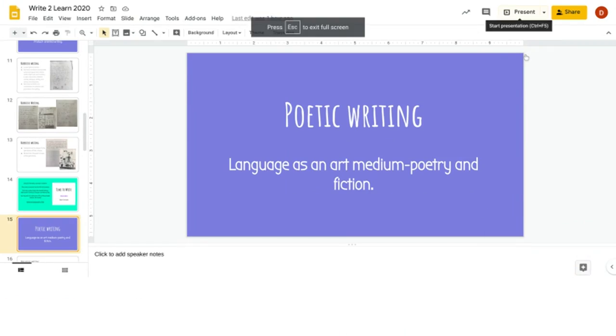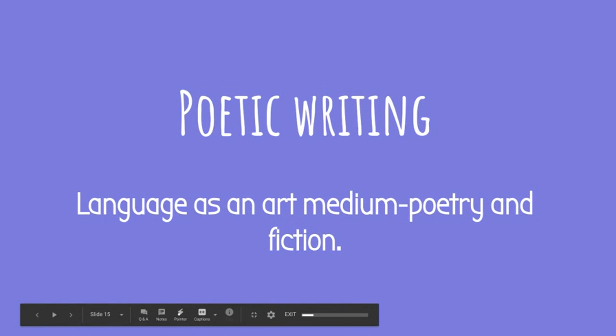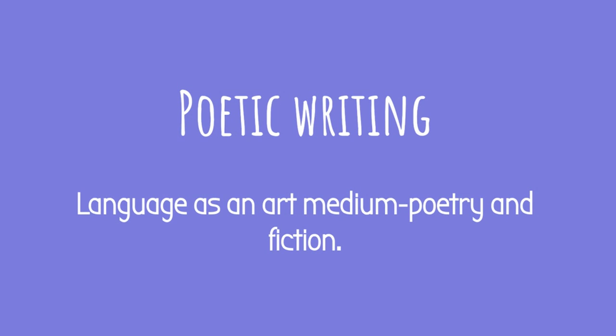That transactional writing, we were just trying to teach and inform your reader, to this poetic writing, the narrative, such as these narratives. Okay, so the poetic stage of writing is using language as an art medium, poetry and fiction, it's narratives, it's more entertaining. And it's a little bit more of a dynamic type of writing rather than just expressing your idea.